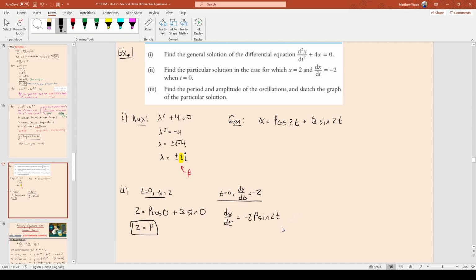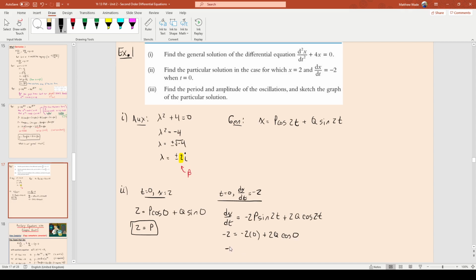And sine differentiates to cos, so plus 2 from the chain rule, q, cos of 2t. Now let's whack it in. -2 equals -2 sine of 2t, which is just going to be 0 as t is 0, plus 2q cos of 0.